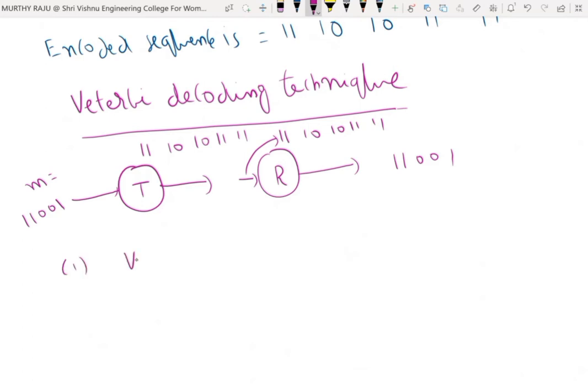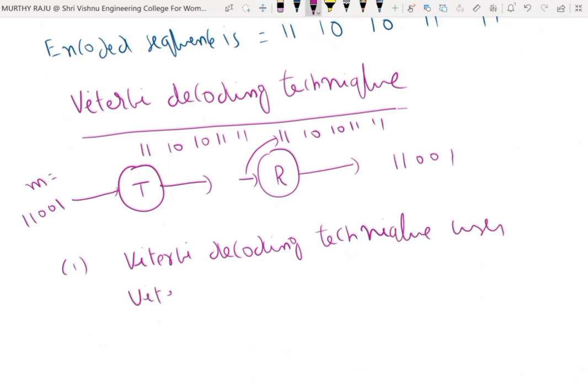First point here is Viterbi decoding technique uses Viterbi algorithm for decoding the received sequence.